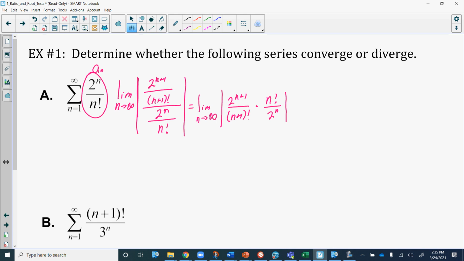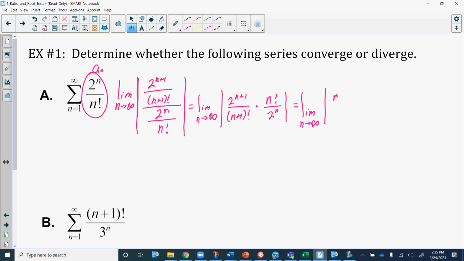Now at this point we need to make sure that we can identify terms in the numerator and the denominator that will simplify to be 1, or use properties of exponents that we can show are going to simplify. So I'm going to rewrite this expression. The rewriting here is not strictly necessary, but it makes the terms easy to see. So the limit as n approaches infinity of the absolute value. I'm going to put the n terms first, like the n factorial.